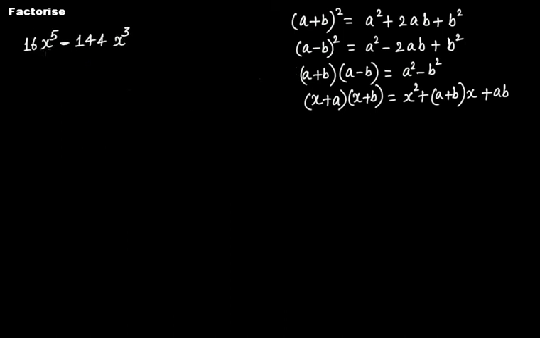In this algebraic expression, we have 16x raised to power 5 minus 144x raised to power 3. If we write this as 16x raised to power 3 multiplied by x raised to power 2, we can write it like this, then minus sign, and this can be written as 16 multiplied by 9x raised to power 3.